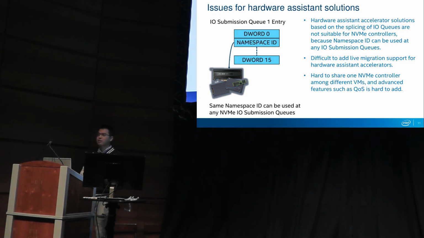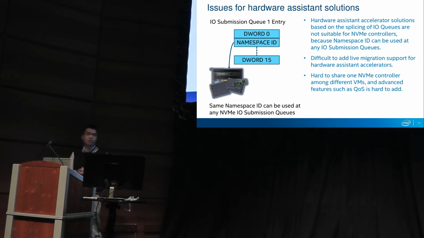However, namespace ID isolation or virtualization is still not solved. It means that every virtual machine should see its own namespace. For each VM, the namespaces may also start from 0, 1, 2, 3. But if you use a hardware solution, you cannot achieve that.